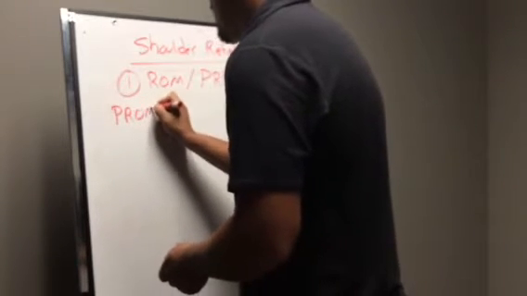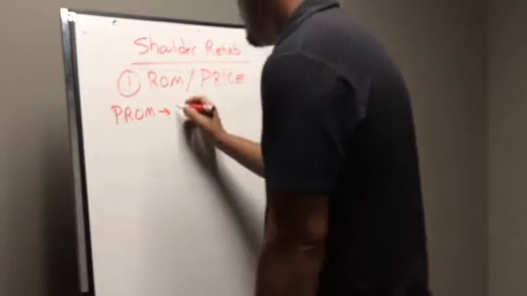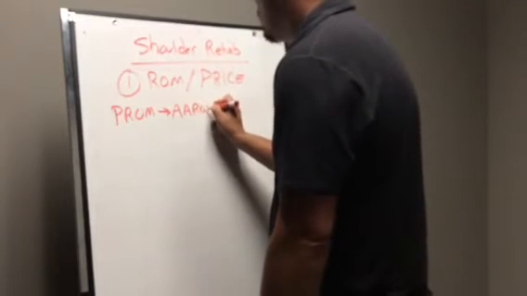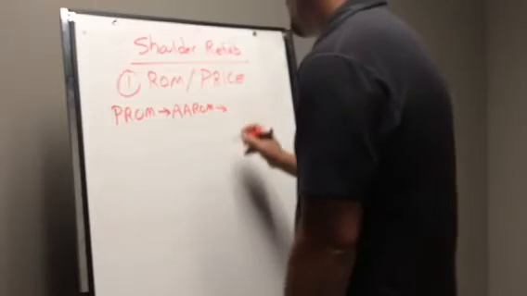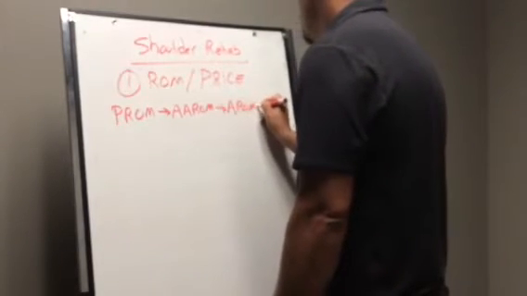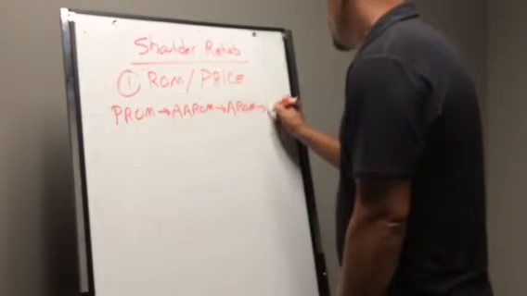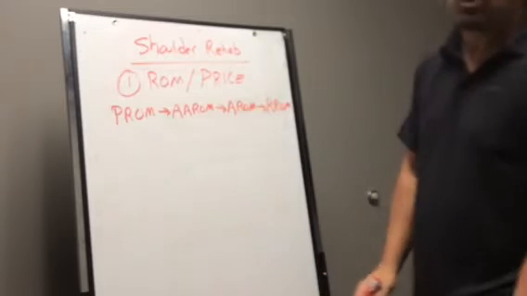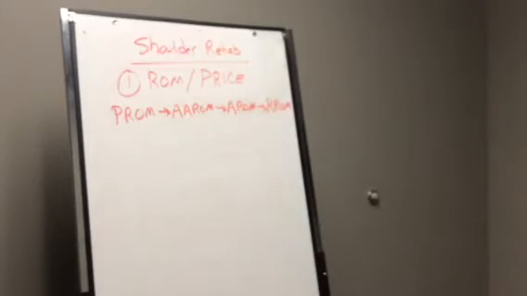Okay, so passive range of motion progresses to active assisted range of motion, which then is going to progress to active range of motion. And then the final one is resisted range of motion.